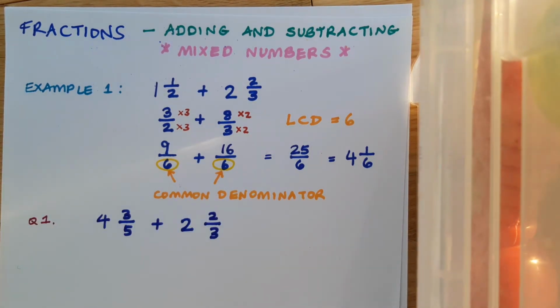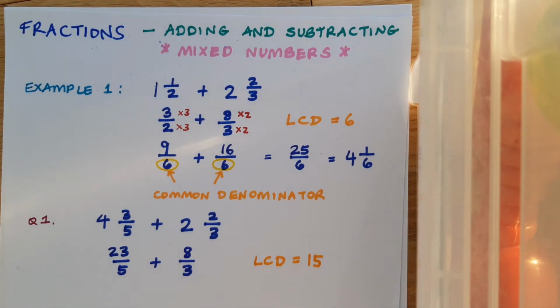Okay, so here's a question for you. 4 3/5 plus 2 2/3. Pause the video here, give a go at this, and then play it and see if you're correct. Okay, so first step is sorting out our improper fractions, and that's 23/5 plus 8/3. Now we find our lowest common denominator.